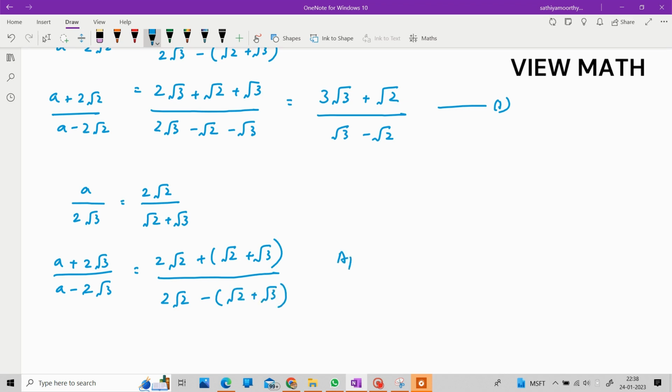Applying componendo and dividendo property, I have got this. Now I am going to simplify it.